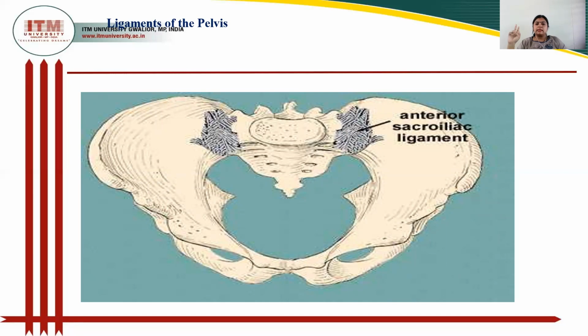As the name suggests, it is anterior, and it attaches the sacrum to the iliac bone. So, anterior sacroiliac ligament.